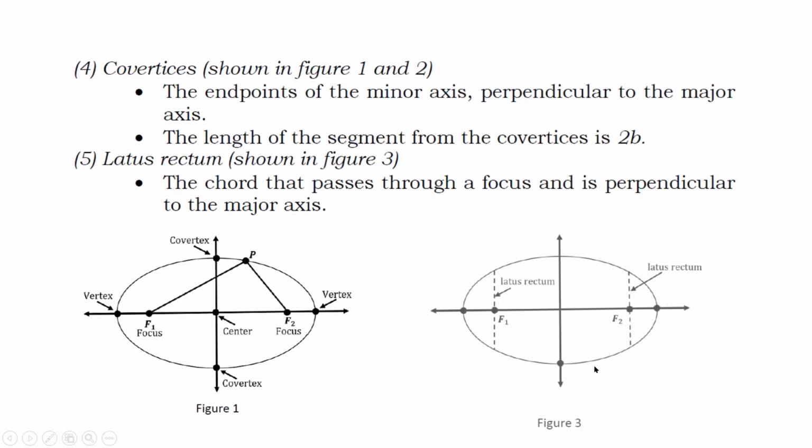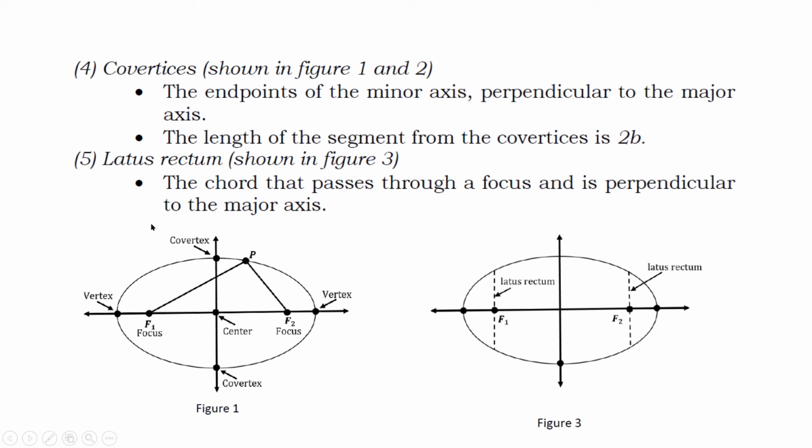Co-vertices: the endpoints of the minor axis, perpendicular to the major axis. These are the co-vertices, located on the minor axis. The length of the segment between the two co-vertices is 2b, so from the center to a co-vertex is just b.